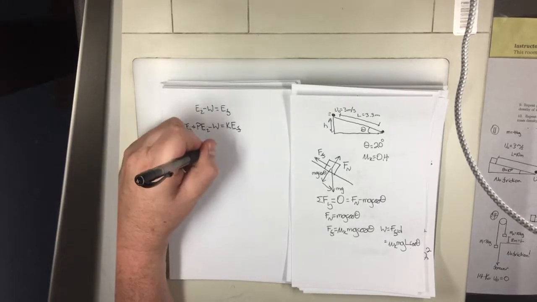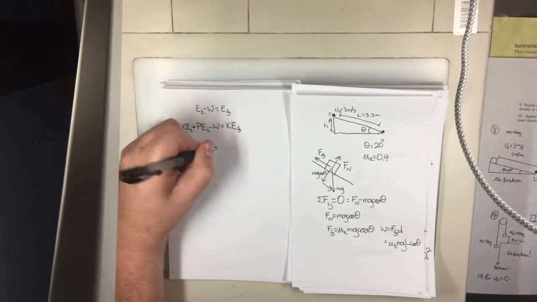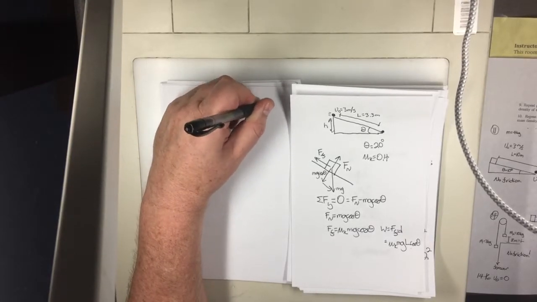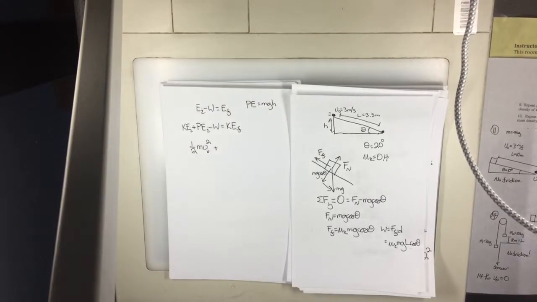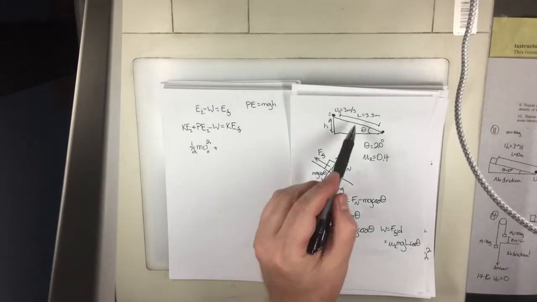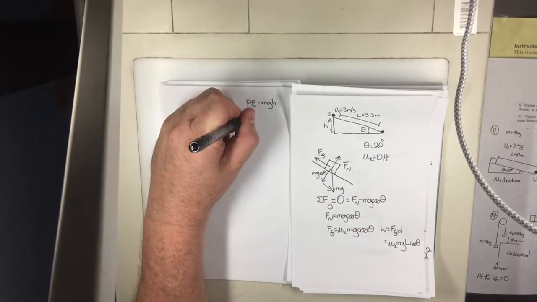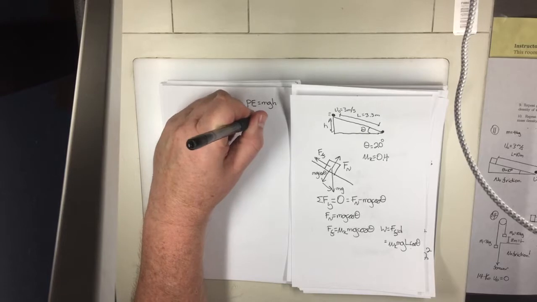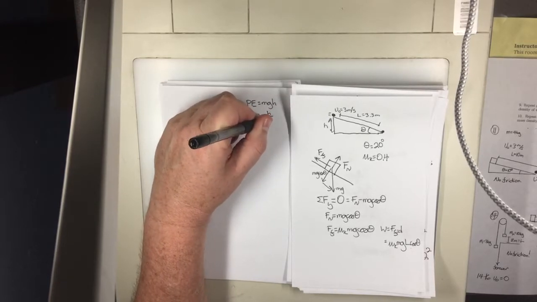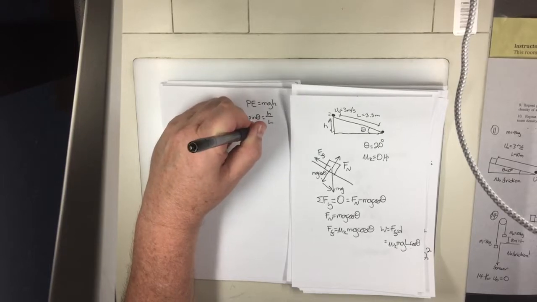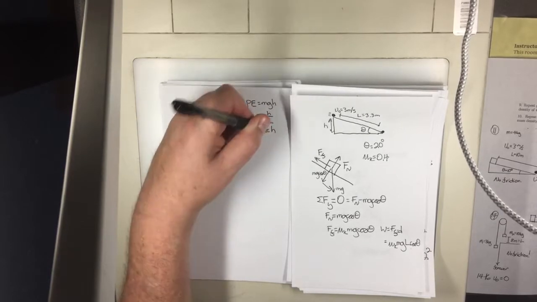The potential energy, well, potential energy is a little bit different. Potential energy is mgh. We don't know what h is. However, we can solve for it. If I know the length and I know theta, I know that sine of theta is h over L. So L sine theta is equal to h.